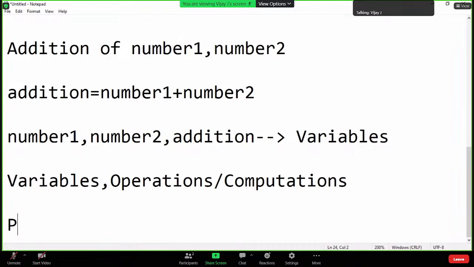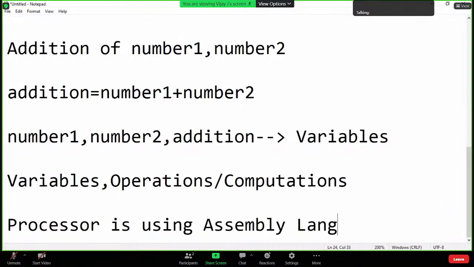Here the processor is using assembly language. Assembly language is a bit complex, which means it may not be easy for the programmers or developers.